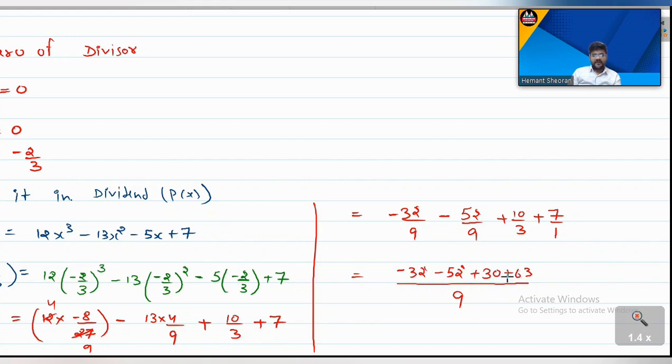It is positive 93, and the negative number is 84. So if you subtract these two, negative 84 plus 93 is a positive 9. So 9 over 9 will give you 1. Get it?